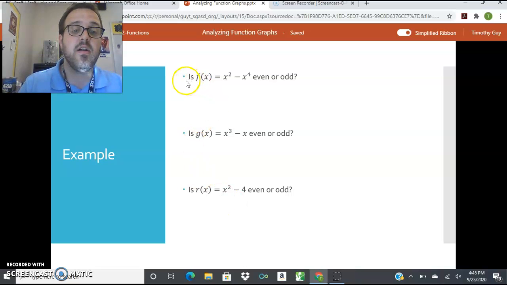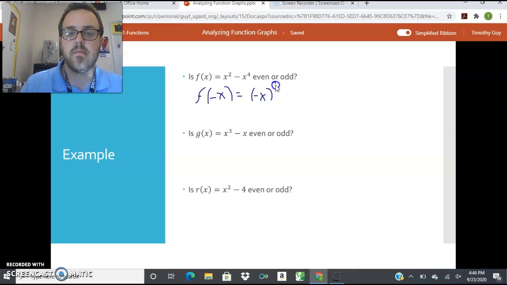So for example, this very first one, x squared minus x to the fourth. If I put negative x in, I'm going to have f of negative x equals negative x squared minus negative x to the fourth. Again, what I'm looking for is whether my function is going to stay the same when I simplify, or whether it's going to change and be the exact opposite.